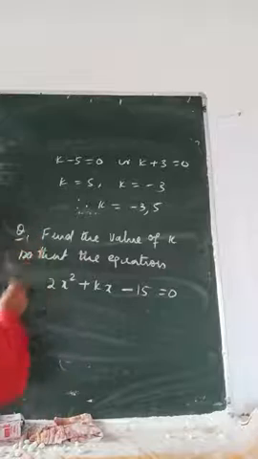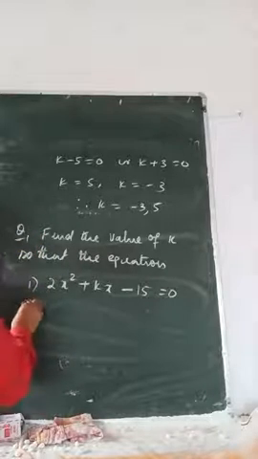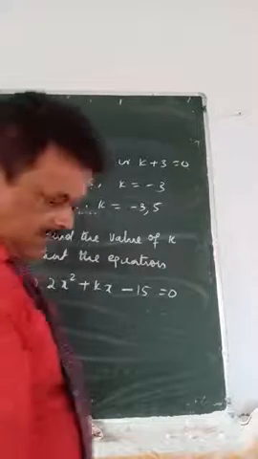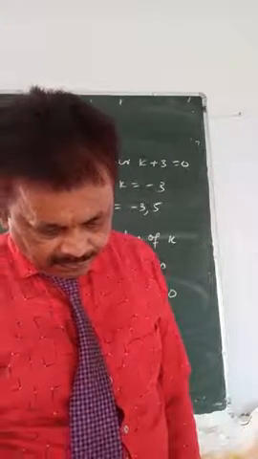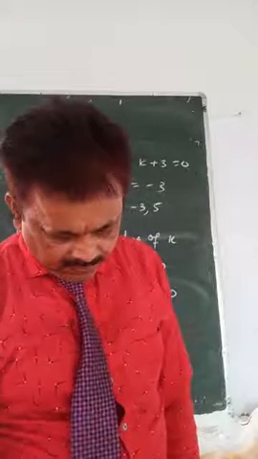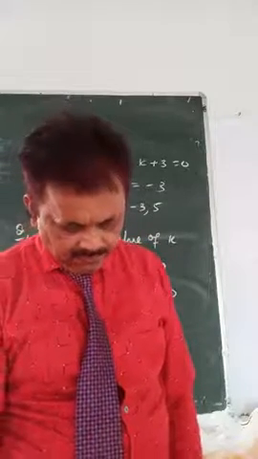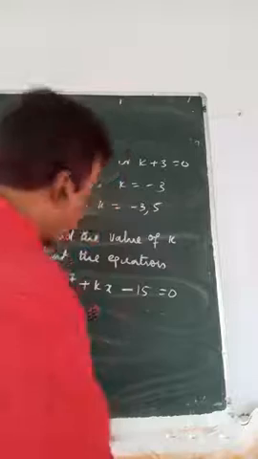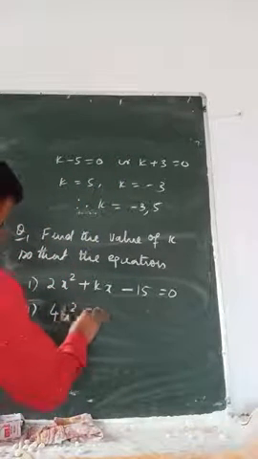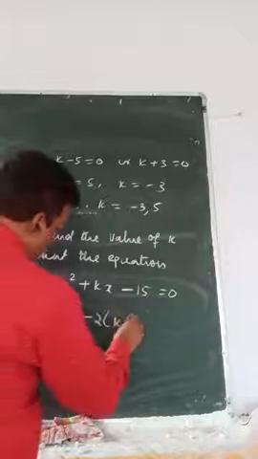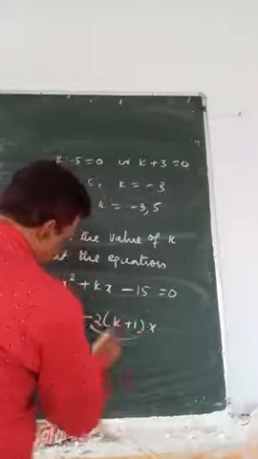Okay. Second, I can give a question. 4x square minus 2 into k plus 1 x. This total is your b.